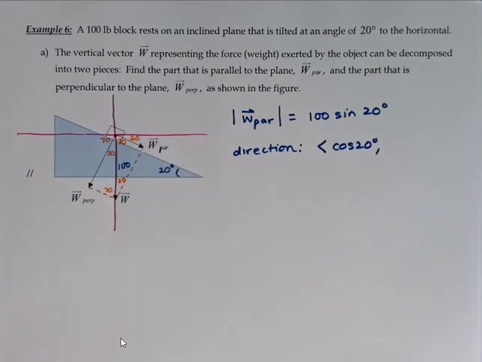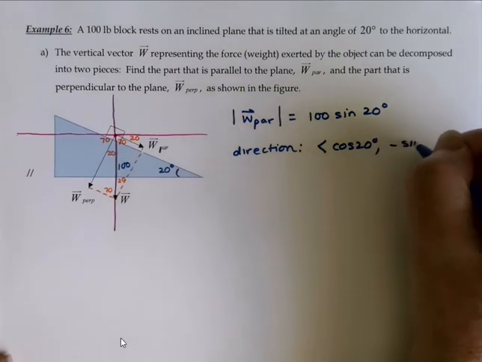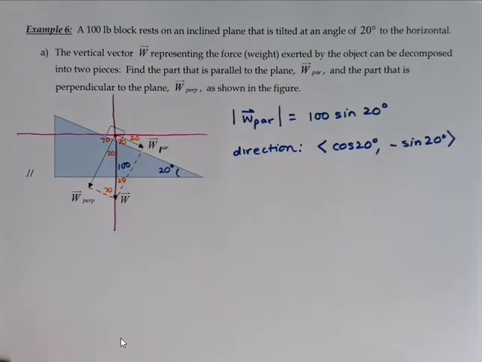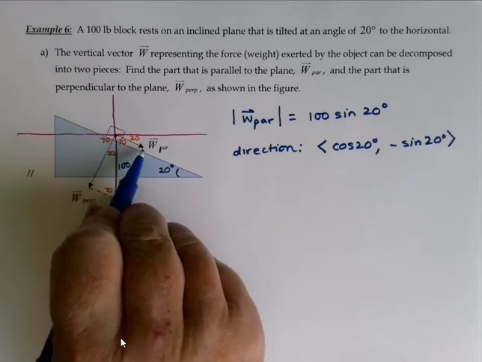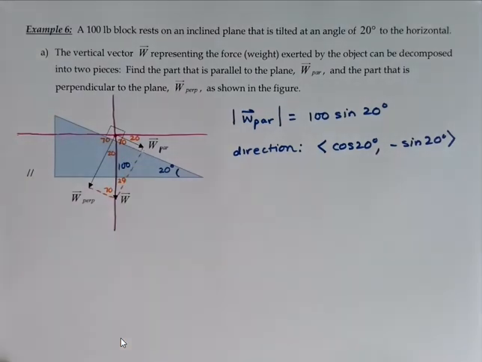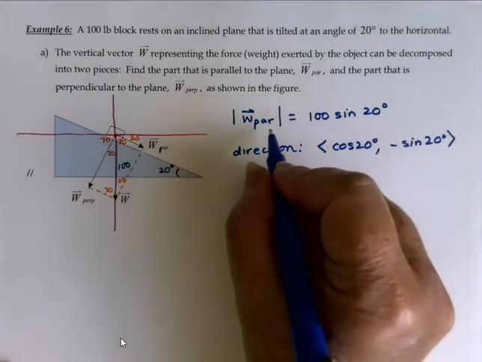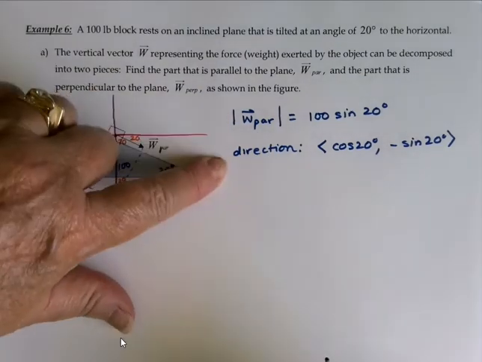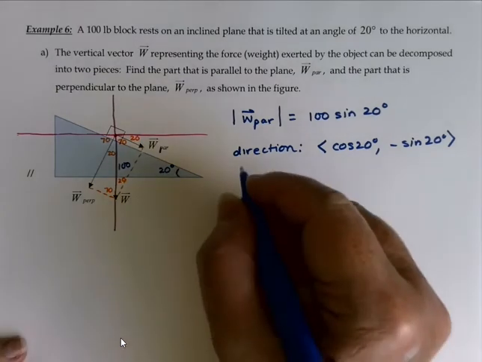And then instead of writing sine of negative 20 degrees, I'm just going to put in a negative sine 20. You can either think of it as the negative angle identity or just the fact that it's pointing downward, so it has to be negative in the y direction. So I've got the length, I've got the direction. If I just multiply the magnitude by the direction, I've got W parallel.